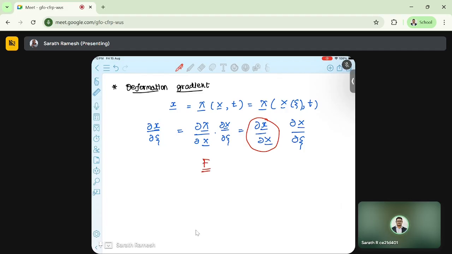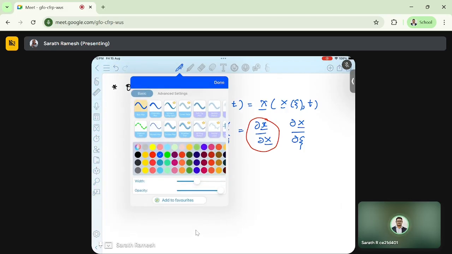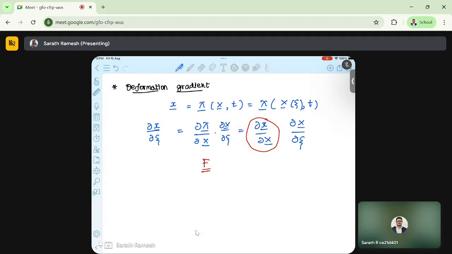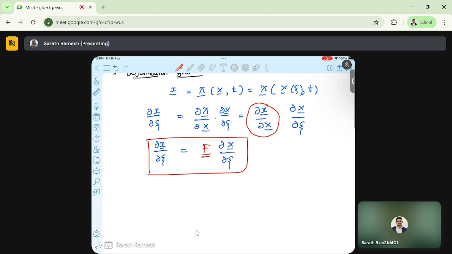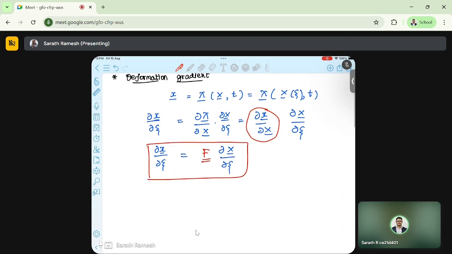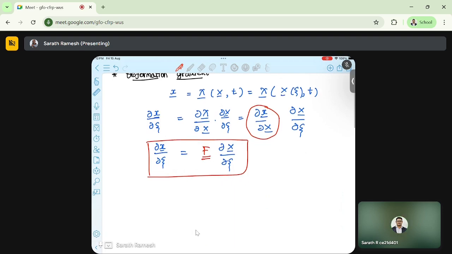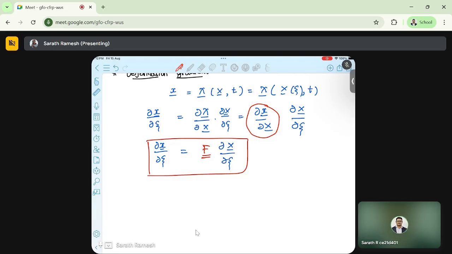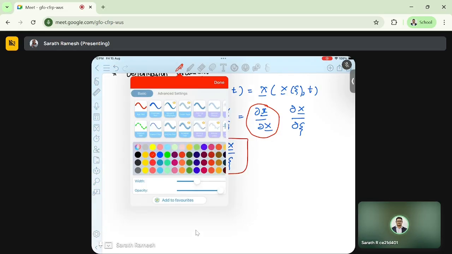F is a linear function which maps a tangent plane in the reference configuration to a tangent plane in the current configuration. This is the definition of F.